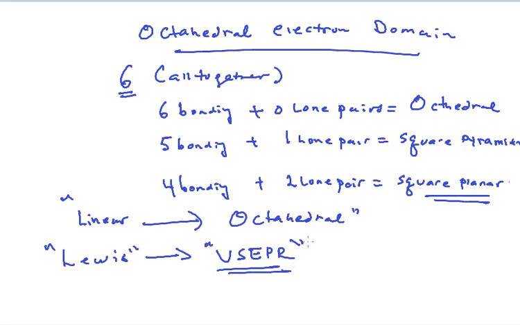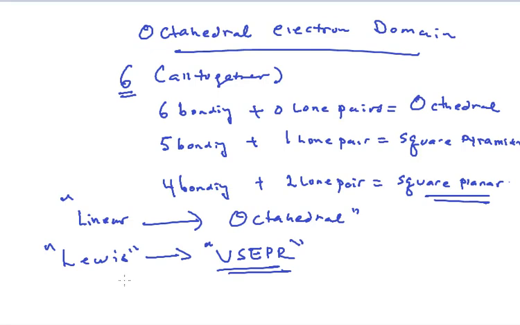The idea is determined by how many bonded and non-bonded atoms are connected to the central atom, and the repulsion of these bonding and non-bonding pairs has to be minimized so that you can get the optimum geometry. So from linear we get to the octahedral structure. This is about the geometry of the molecule.